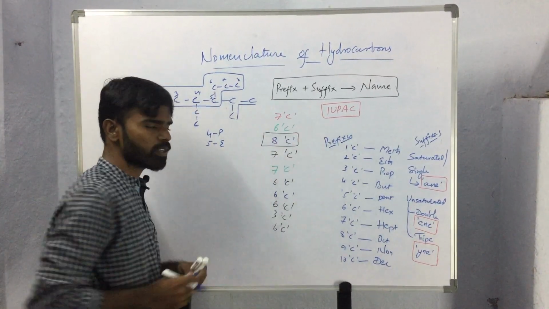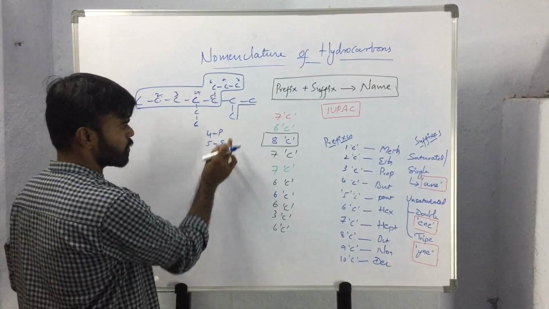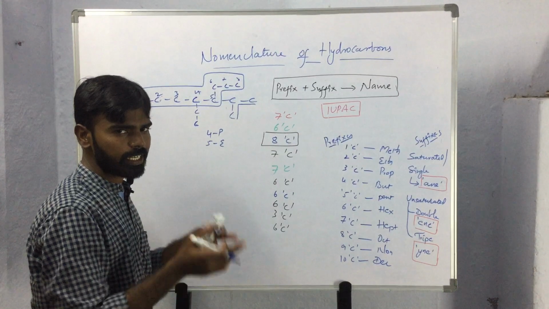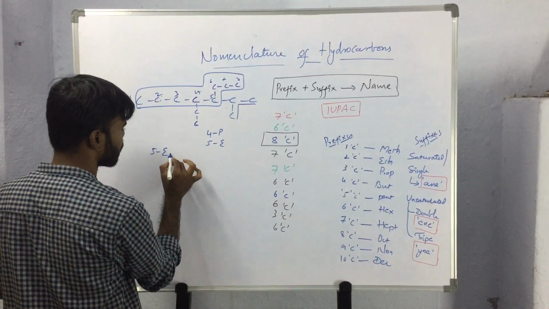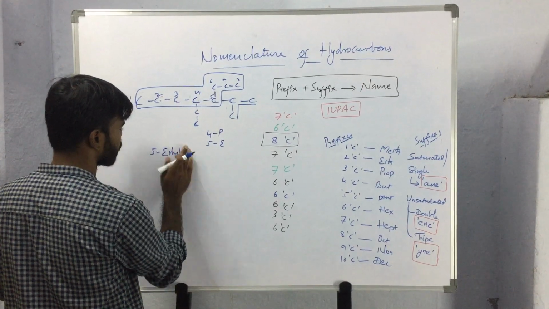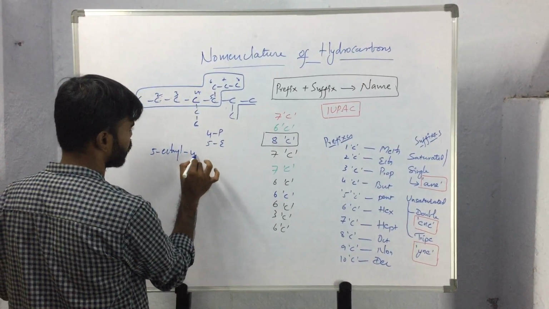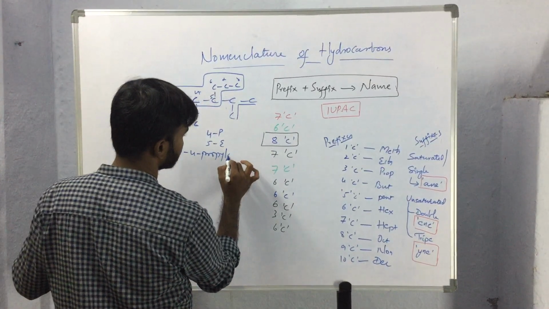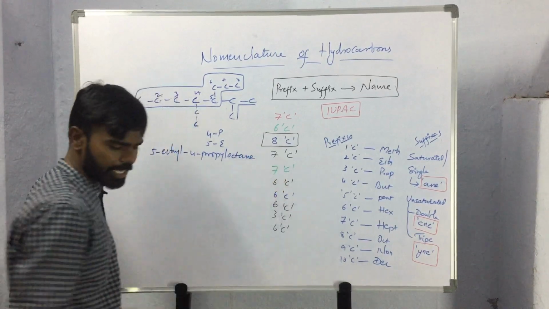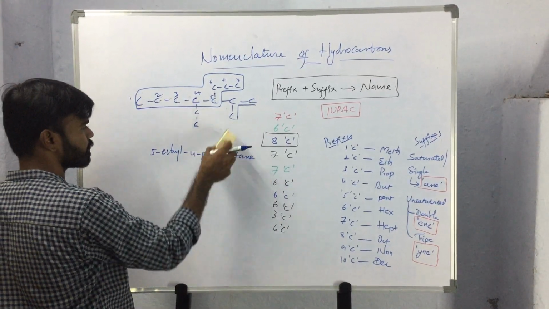But according to the rules, these substituents should be arranged in alphabetical order. So the name of the compound will be 5-ethyl, 4-propyl, and as it is having 8 carbon atoms, octane. So like this, we will be naming the compound.